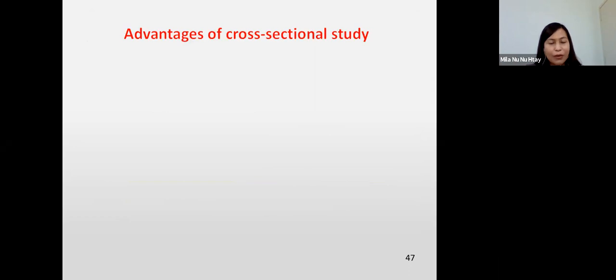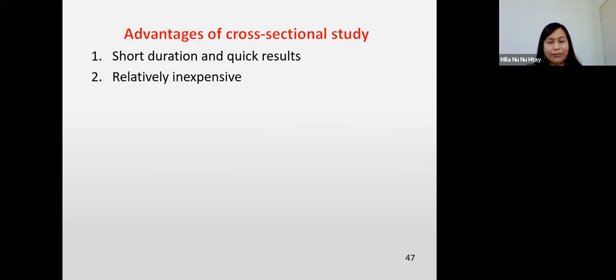So now let me conclude the discussion with the advantages and drawback mitigation of the cross-sectional study. Actually, a cross-sectional study is very useful to investigate the initial problem in the community. We can conduct it within a short duration. Maybe within 2 weeks, or if the sample size is large, within 1 month, we can collect the data, because it is a one-point data collection and we can get a quick result.